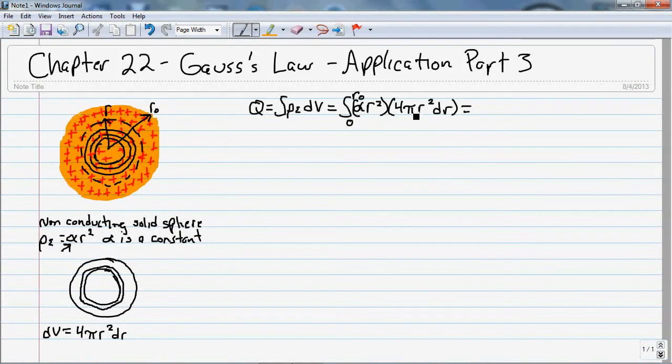Well, everything except the r's are constant, so I can bring that out. And then my integral is going to be from 0 to r naught, and I have r squared times r squared, so I have r to the fourth dr.